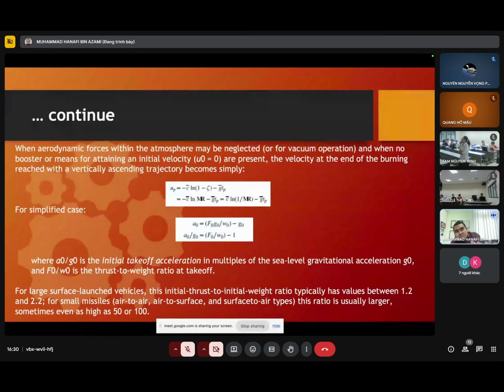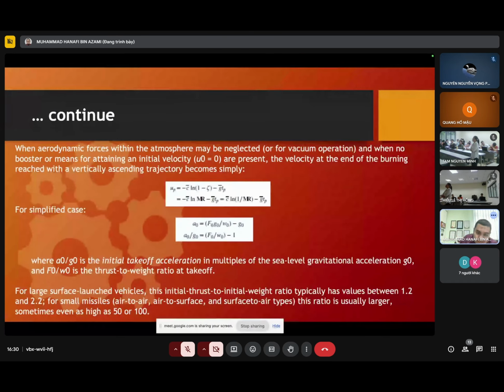But 2.2 means 2.2 times the weight. So during takeoff, during launching, the thrust to weight ratio is small, which means the acceleration is small. That's why in a launch vehicle you can see the rocket moves quite slowly during the initial phase, and then it starts to increase the acceleration.